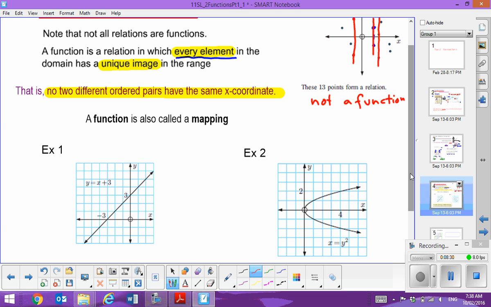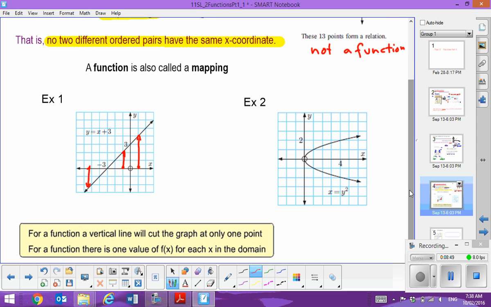So a function describes a mapping from one x to a particular y value. In our first example, for every x, we only get one y value. No matter what x we take, we get one y value. In our second example here, if we take a particular x value, we're getting 2 y values.